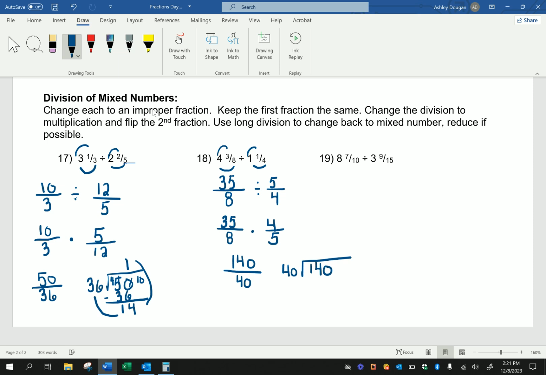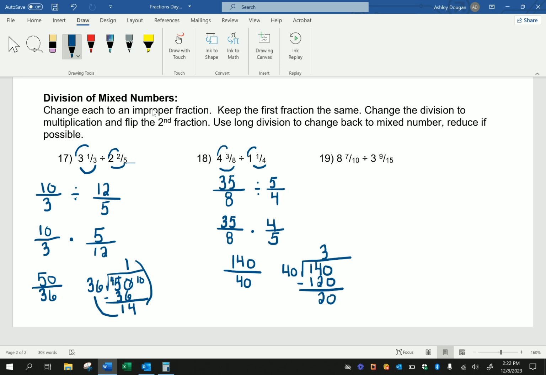The top number goes underneath the division sign. 40 goes into 140 three times. Then 40 times 3 is 120, and I subtract. 140 minus 120 just gives me 20. I don't have any other numbers to bring down, so I know I'm finished with my division.